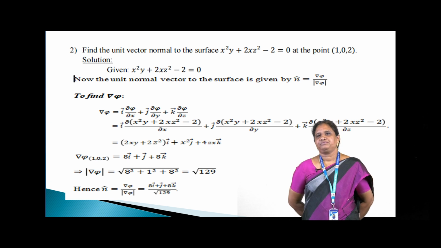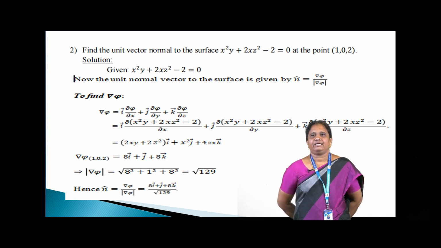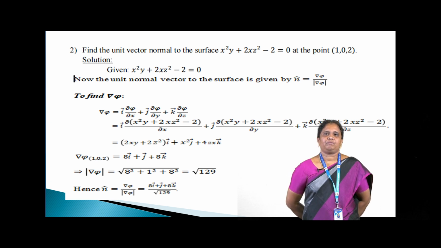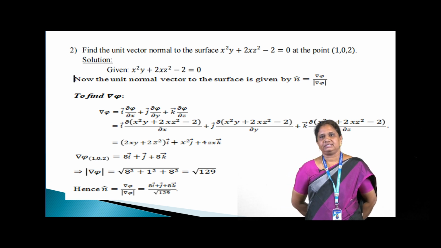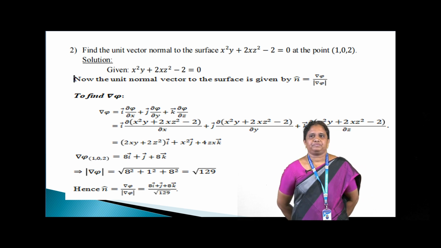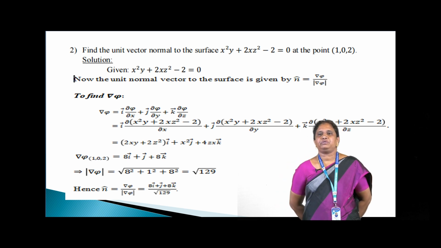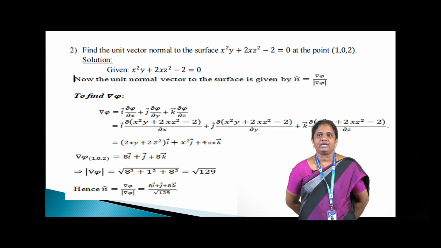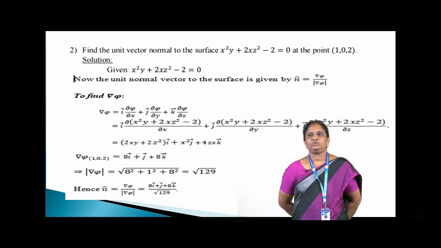and then n cap. So first del phi is equal to i vector dou phi by dou x plus j vector dou phi by dou y plus k vector dou phi by dou z. As in the previous problem, we differentiate the first term with respect to x, the second term with respect to y, and the third term with respect to z.